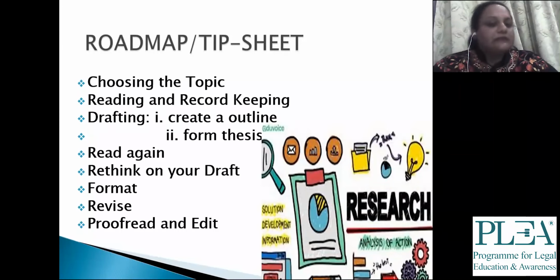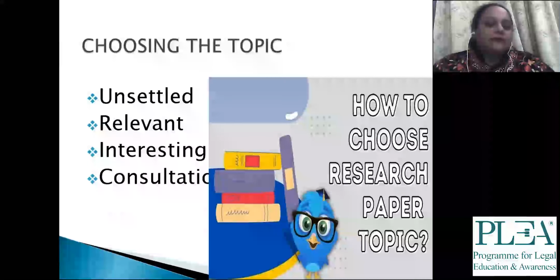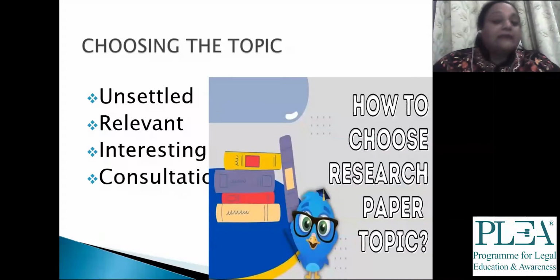After consulting, you have to follow three principles while choosing the topic. They are generally known as URI: unsettled, relevant, and interest. But I will start from the bottom up, that is, interest. Whenever you decide that now you have to write a research paper, you should have interest in that topic or issue.